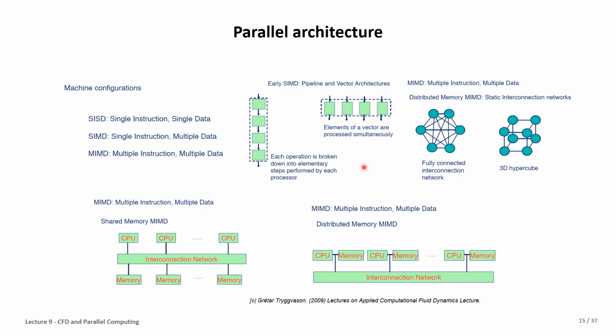For MIMD, we have shared memory and distributed memory, which you had in much detail in this course. As well, in the distributed memory we have different interconnection networks, static and dynamic, and we will go through them to see in more detail how we can choose the network.